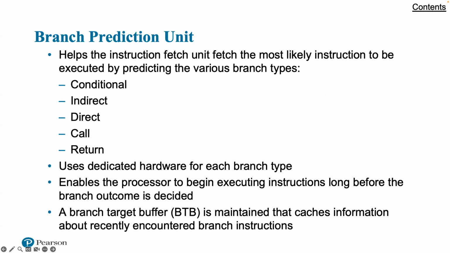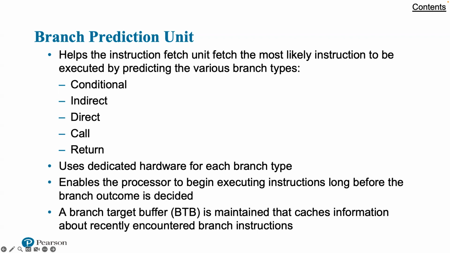For the branch prediction unit, this unit helps the instruction fetch unit fetch the most likely instruction to be executed by predicting the various branch types, that is the conditional, indirect, direct, call, and return. The BPU uses dedicated hardware for each branch type.